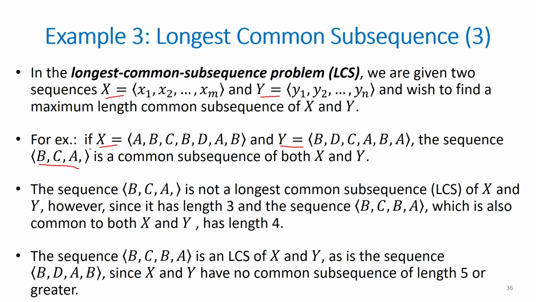The longest common subsequence, indeed, is of length 4 and is BCBA. Some of you might have also noticed that there is another LCS of length 4 between X and Y, and that is BDAB. Can you find any more?